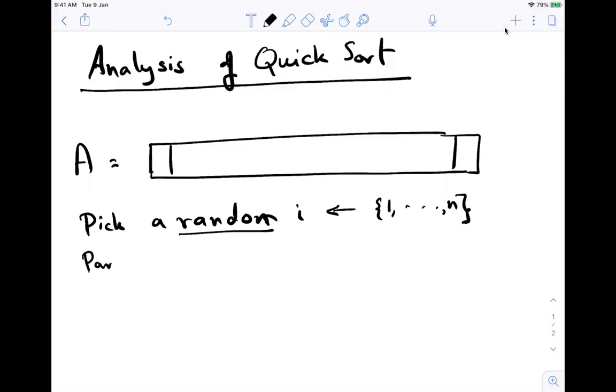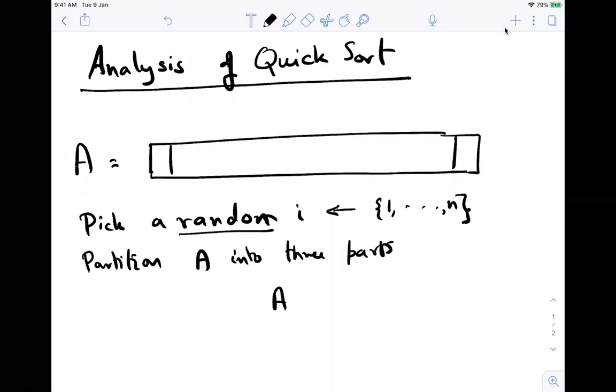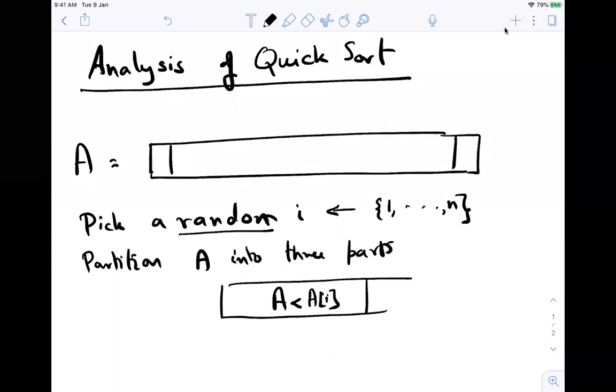Then the next thing is to partition A into basically 3 parts. What are the 3 parts? This side will be all the elements AJ such that AJ is less than AI.